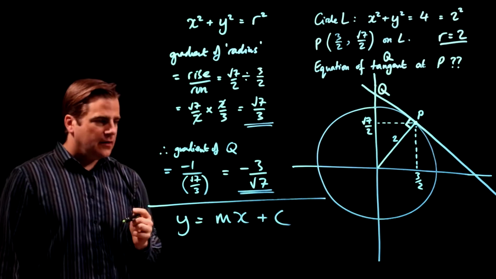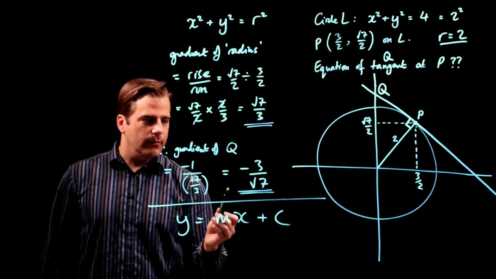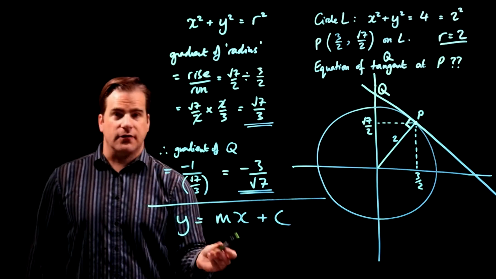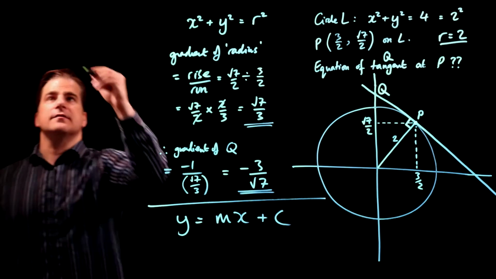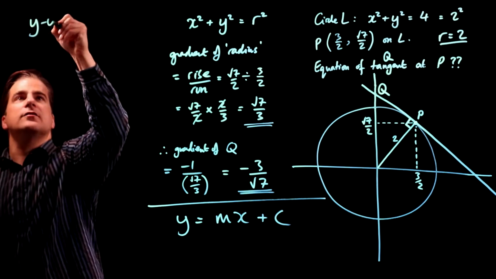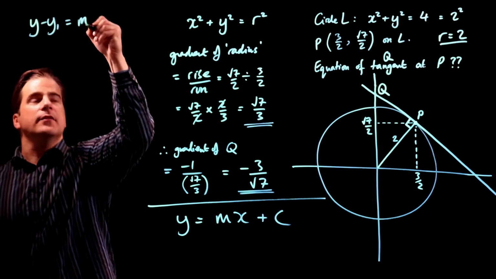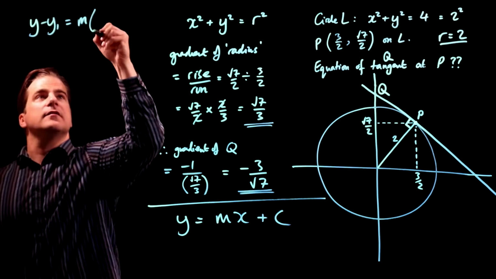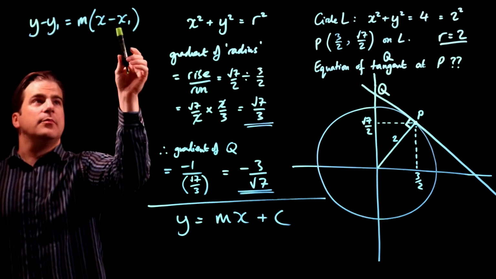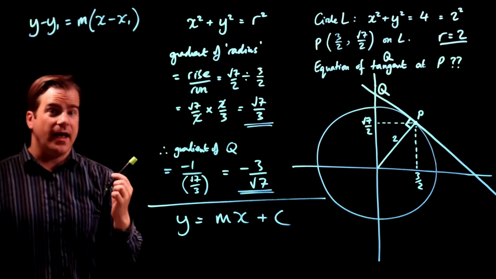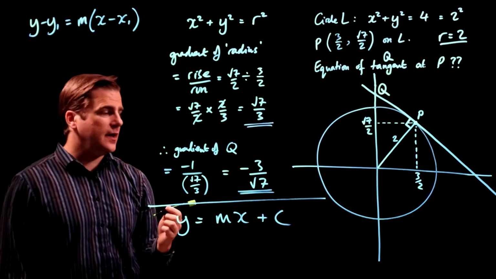But there's another version which in this case is more useful, and it's this: y minus y1 is equal to m, the same gradient, times x minus x1, where the point x1, y1 is any point on the line.